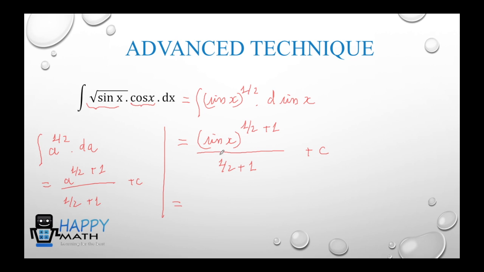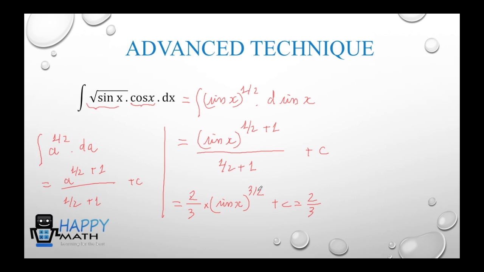You divide by 3 over 2, it means you have to times 2 over 3. Plus c. Okay, so more specifically, you can write out the final result like this.